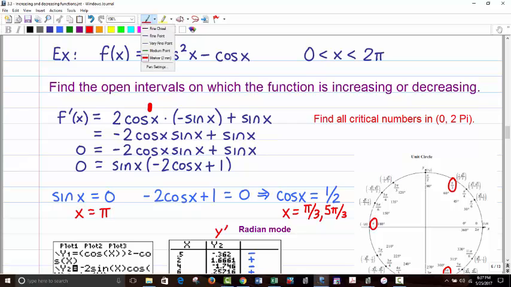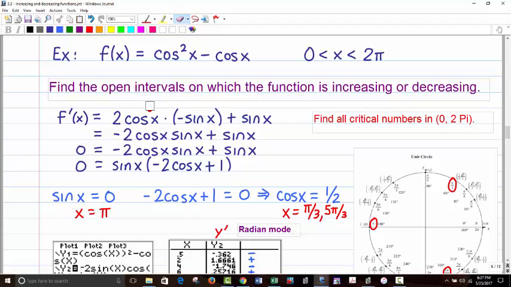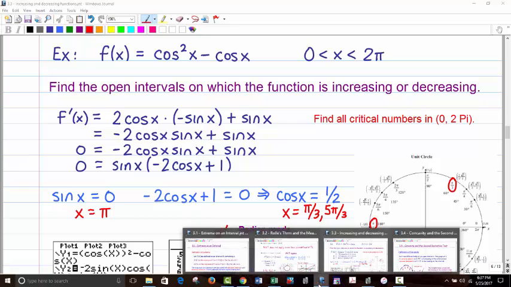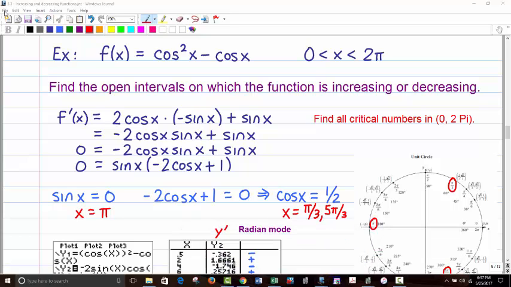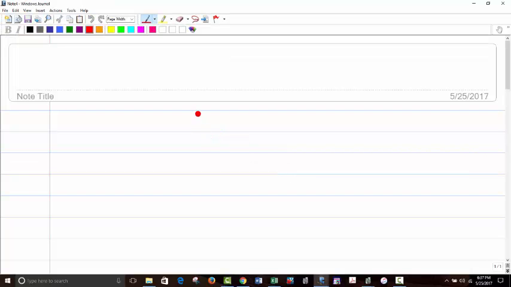Think of it this way: think of it as the derivative of cosine squared, just like y equals u squared.